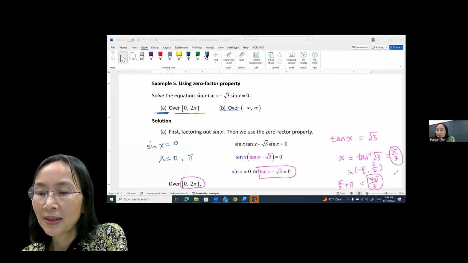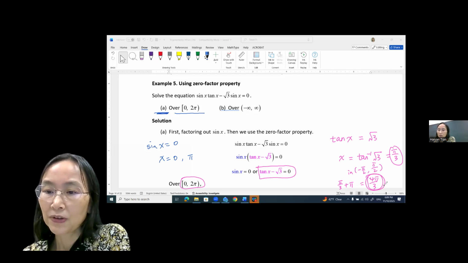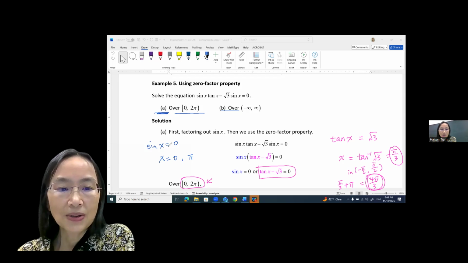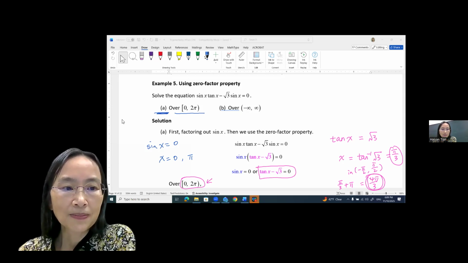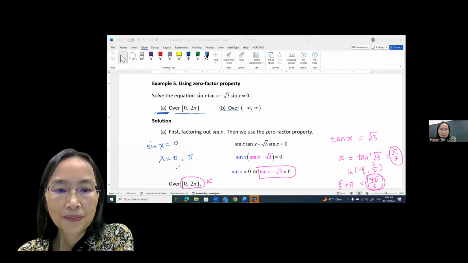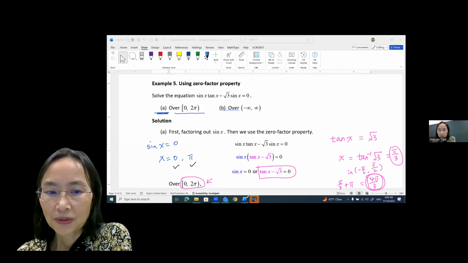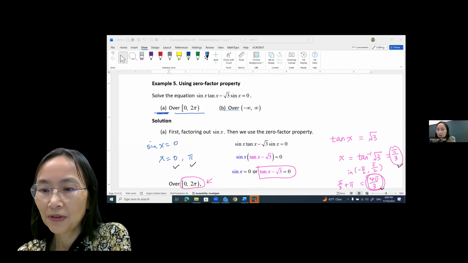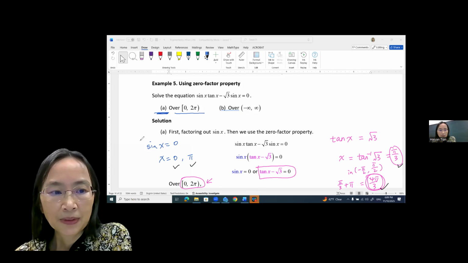But the other one is 4 pi over 3. Both solutions are in this interval. So let's summarize. How many solutions? We have 0 and pi, and then we have pi over 3 and 4 pi over 3.